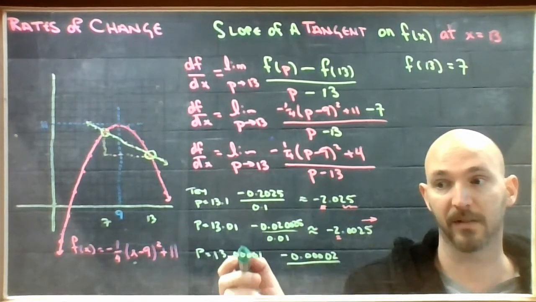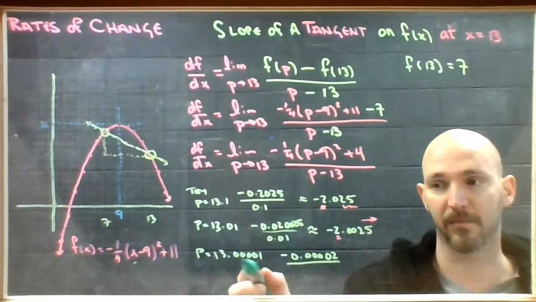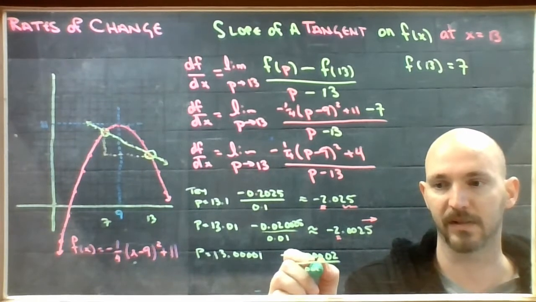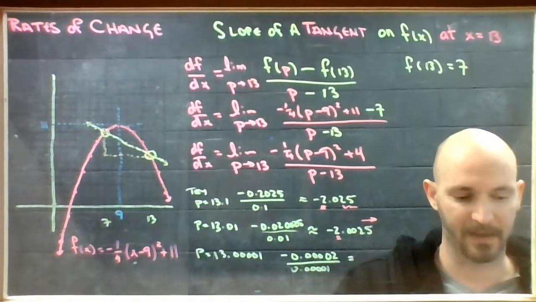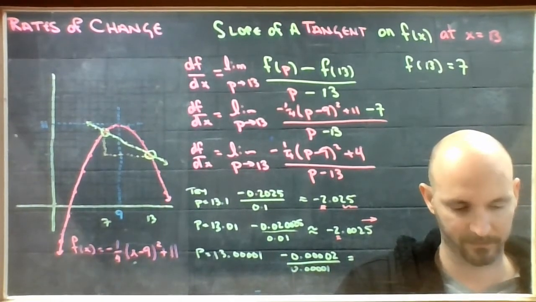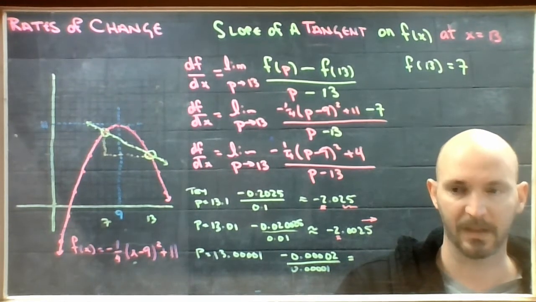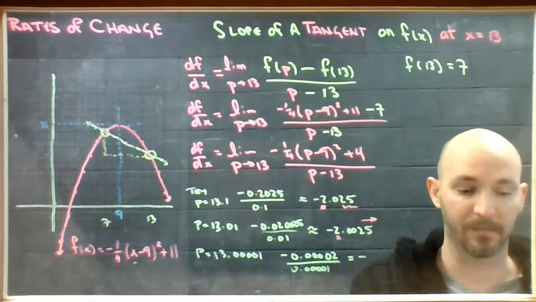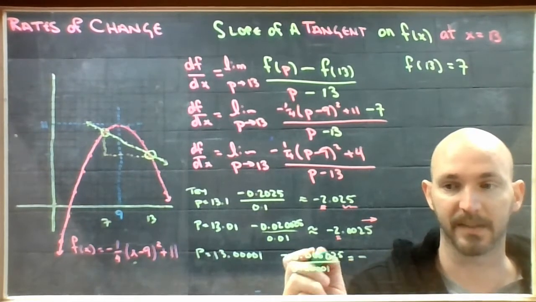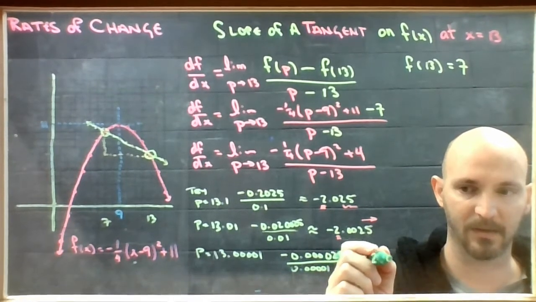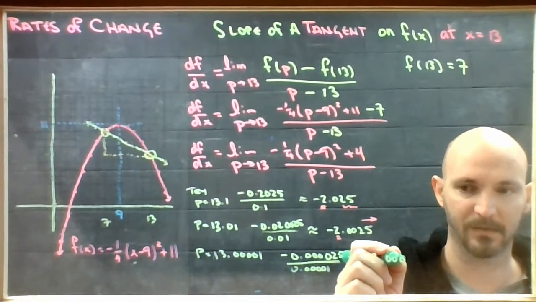And the denominator will be 13, and this mess minus 13, leaving 0.00001. And if I divide those, I get, oh, my calculator was not showing me all the digits. I get minus 2.0000025.